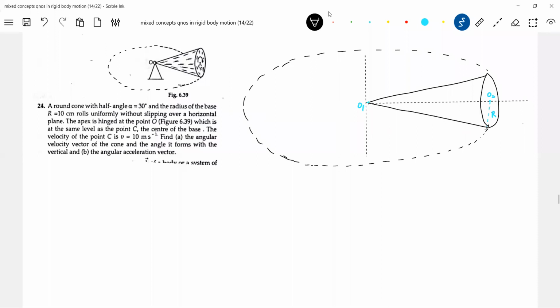So this line O1 and O2, O1 and, as in the question, he has made C. O1 and C will be on the same horizontal line. This distance will become equal to R. Don't bother about it much.